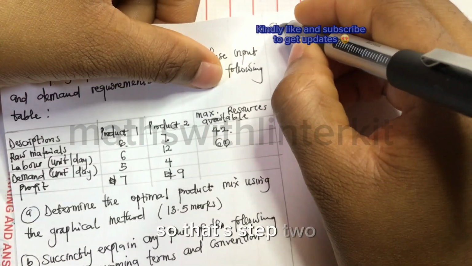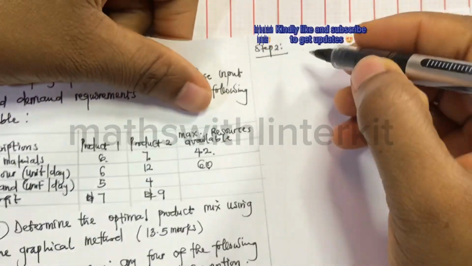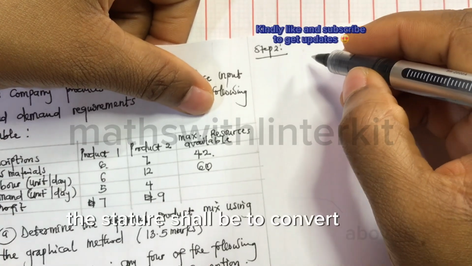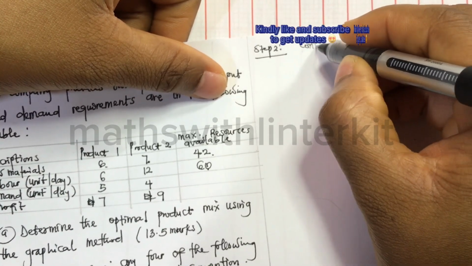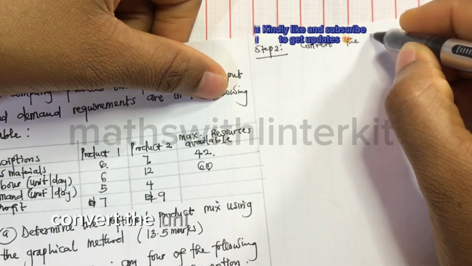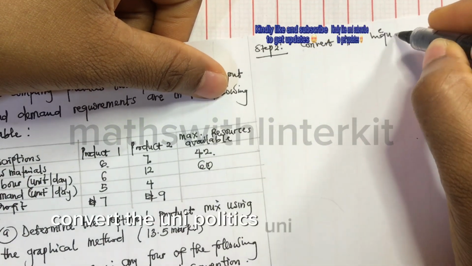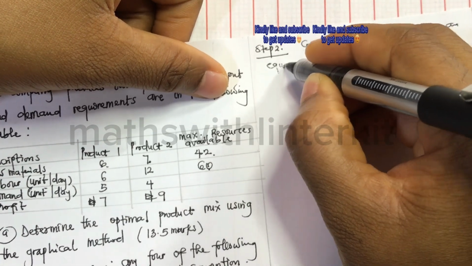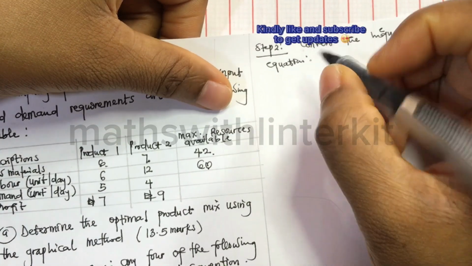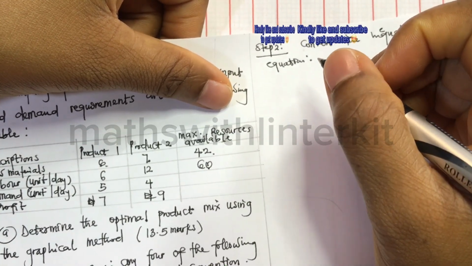So step 2 shall be to convert the above constraints, the inequalities, into equations.